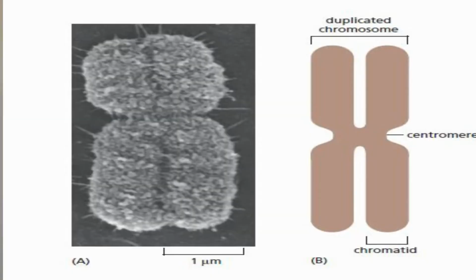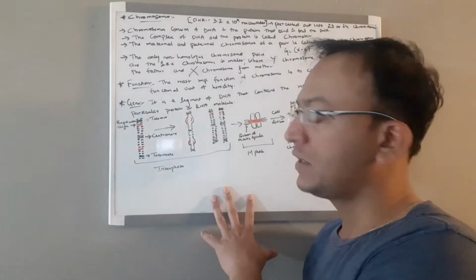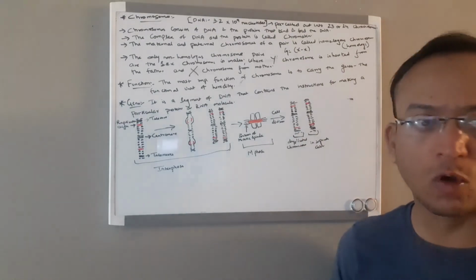So you can see the image. This is how it looks as a mitotic chromosome, so condensed, right? This is the mitotic chromosome as you can see on the image, right? So this is the structure of a chromosome.